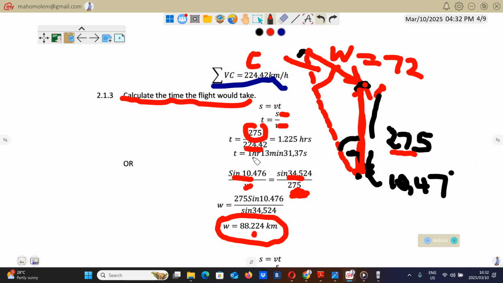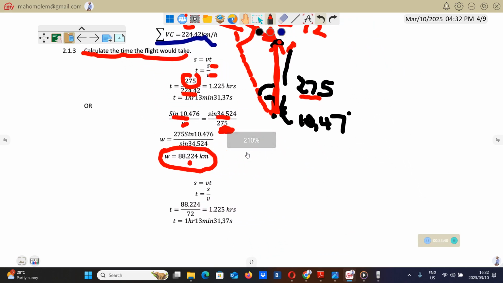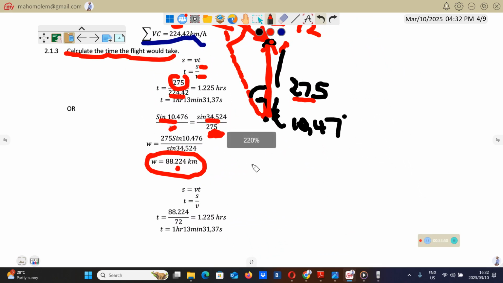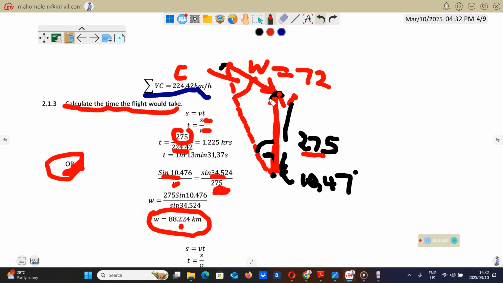Then back to this, remember this is an alternative. If you want to use this component, you must use the speed of this component and the distance of this component.